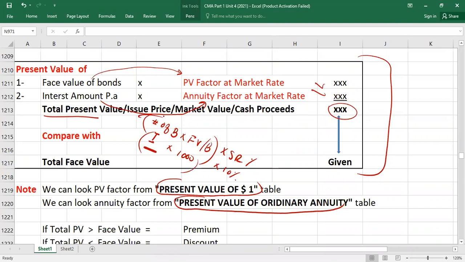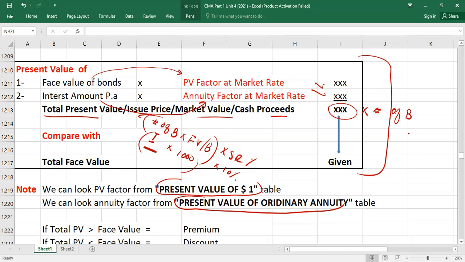It is also called the issue price of one bond, or the market value of one bond, or the cash proceeds. Now if you want to convert to totals, like the total market value, present value, or issue price of total bonds, simply multiply this value with the number of bonds. So you will get it in total. Understood?